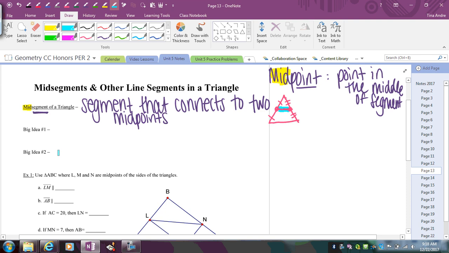There are two other big ideas or properties or theorems that the mid-segment has. One of them is it's always half the length of the side opposite it. So this segment, if this were 5, down here would have to be 10. So the mid-segment is half the length of the opposite side.